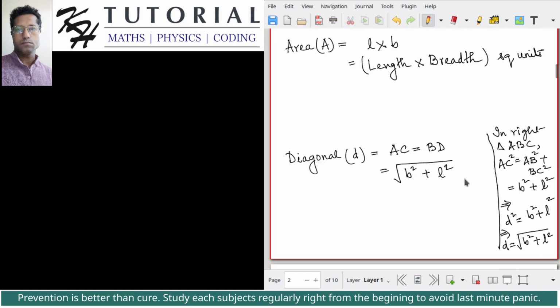So the diagonal of a rectangle is equal to square root of b square plus L square, that is, the square root of the square of length plus the square of breadth. This is the formula. The diagonal of any rectangle is equal to the square root of the sum of the square of the length and the square of breadth.